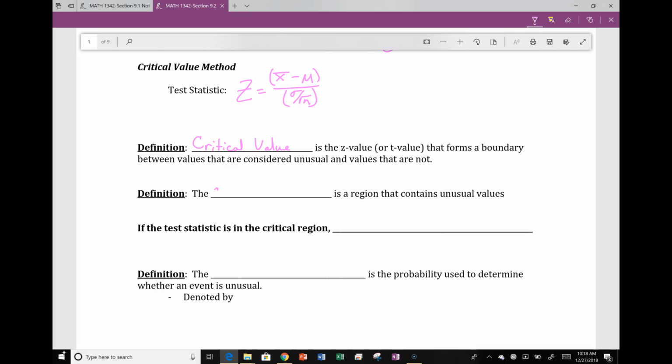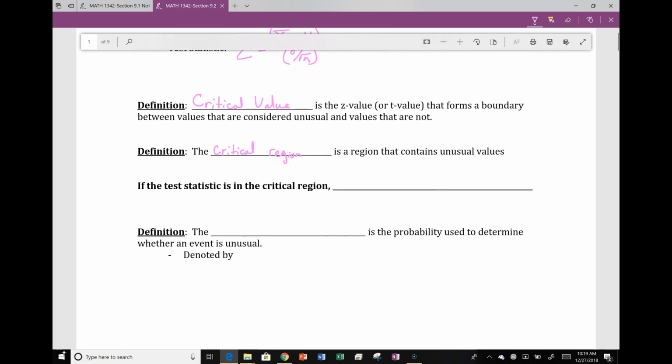So we want to look at what we also call the critical region. The critical region is the region which contains those unusual values. So if the test statistic is in the critical region, we reject the null hypothesis.